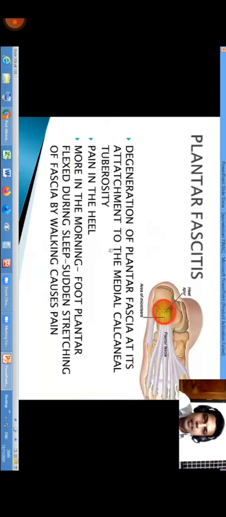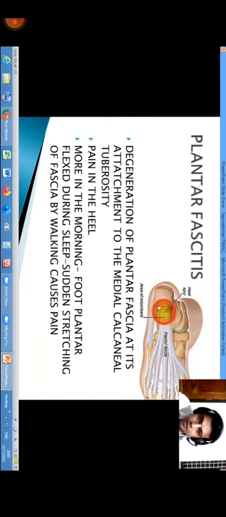Then coming to plantar fasciitis, we can see the plantar fascia here. This is the attachment of the plantar fascia to the calcaneum. This area will be inflamed in plantar fasciitis and the inflammation will pass through the whole fascia. Degeneration of the plantar fascia is the main cause here.